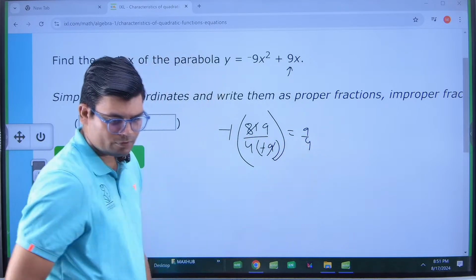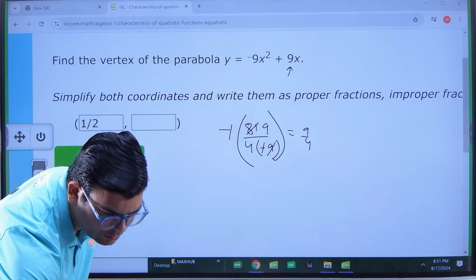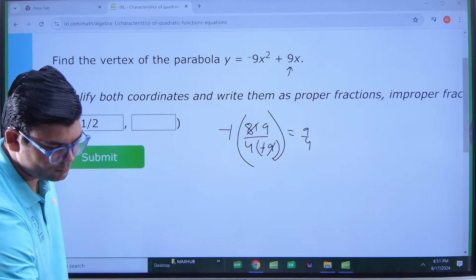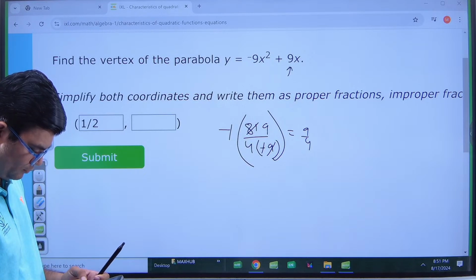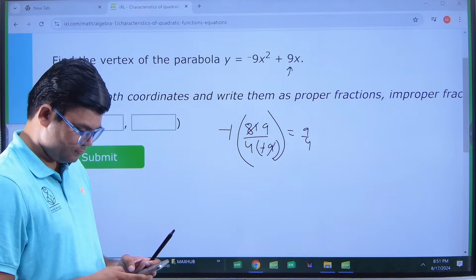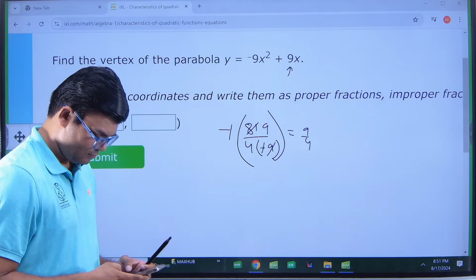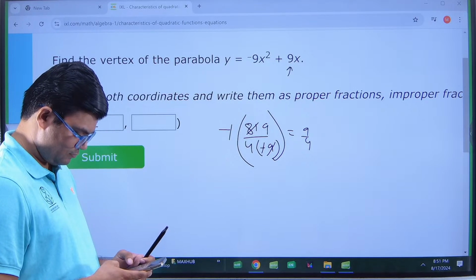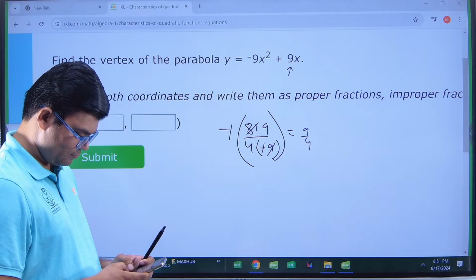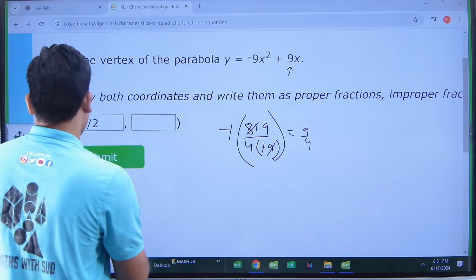So the answer will be 9 by 4. So shall I put 9 by 4? Yes, sir.